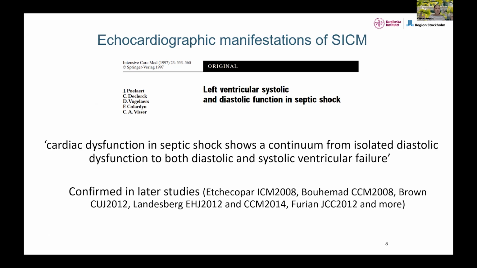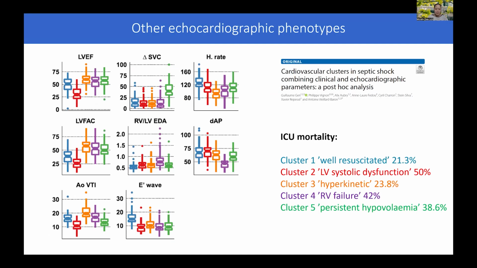So there was this huge spectrum of disease. And in fact, this has been confirmed in a host of studies later. Now, I want to bring up this study. This is a secondary analysis of two or three, perhaps, databases in France. And I think this is probably where we're heading towards in the future.